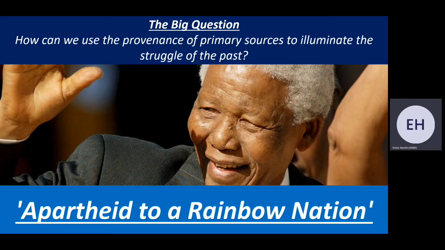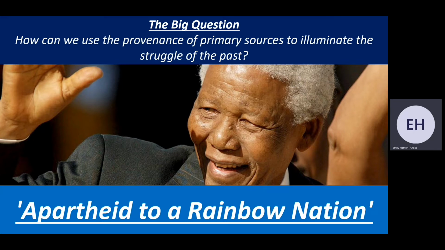So with that, just to remind you, as you'll have just seen, paper 2 is led by me, Mrs Hamlin, and we look at the topic entitled Apartheid to a Rainbow Nation. So we look at the Apartheid Regime and its introduction in 1948 under the National Party, and we follow its journey all the way up to 1994 with the free election of their first Black president, Nelson Mandela, in South Africa.